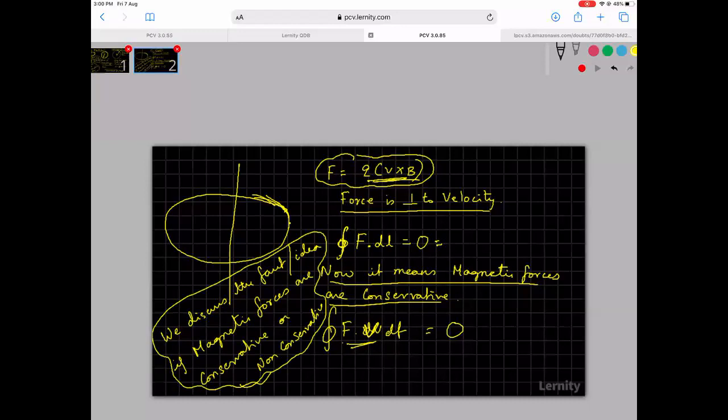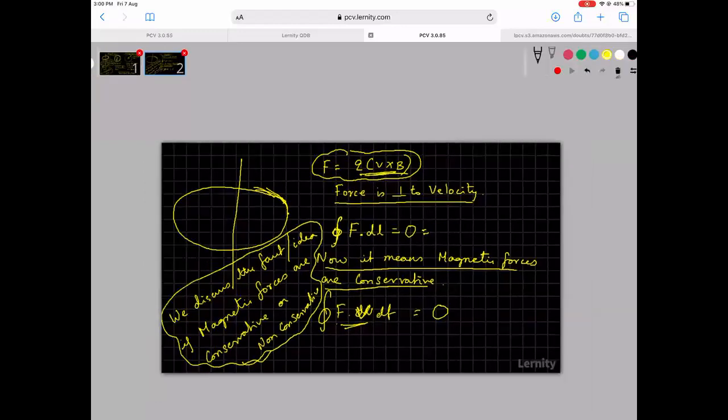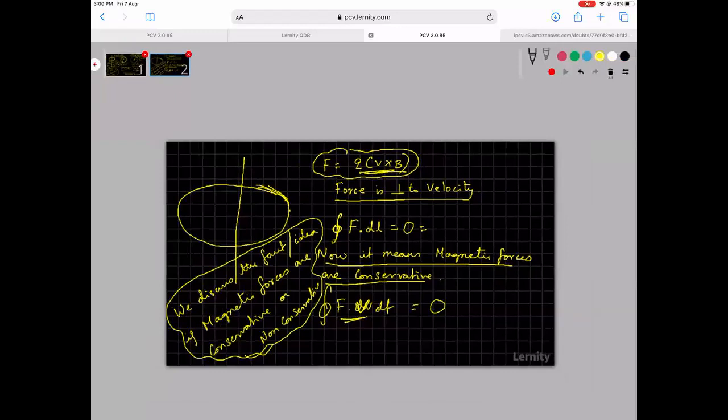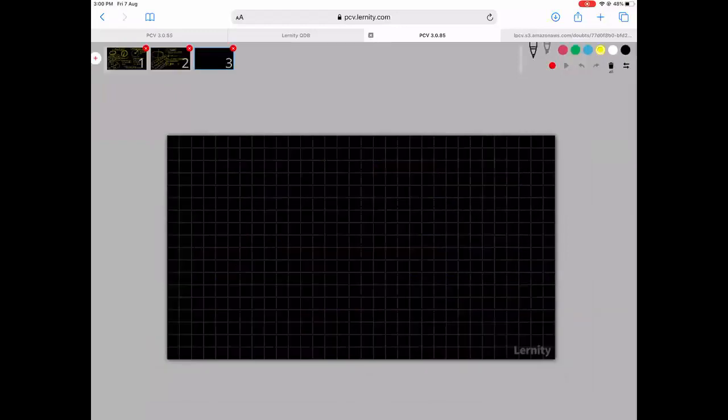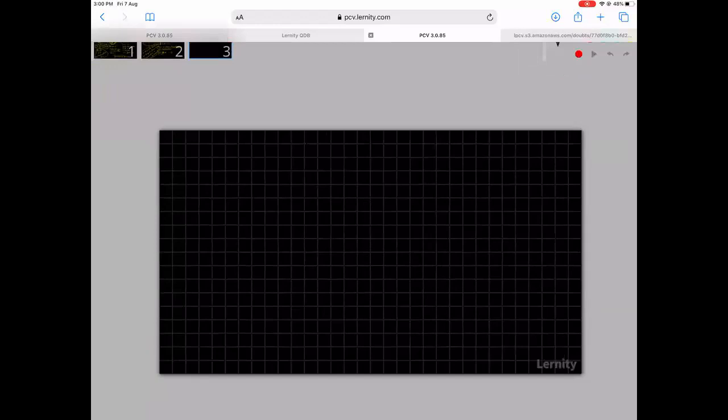It can be proved they are conservative. It can also be proved that they are non-conservative. What they actually are is quite complicated, and that is what Einstein tried to bring out in his theory of relativity.